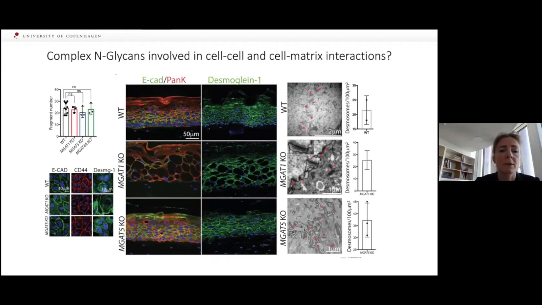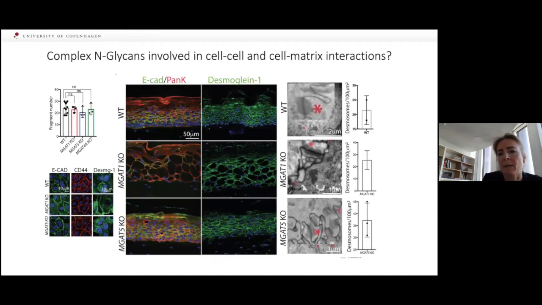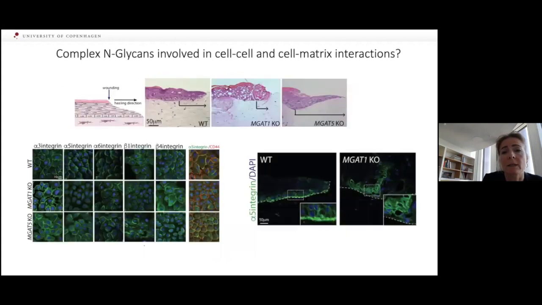So in our study, we saw no effect on cell-cell adhesion, either functionally with the dissociation assay, and also a nice display of E-cadherin and desmogleins, and we have nice desmosomes forming in this tissue. So complex N-glycans are, as such, in these cells not involved in cell-cell adhesion.